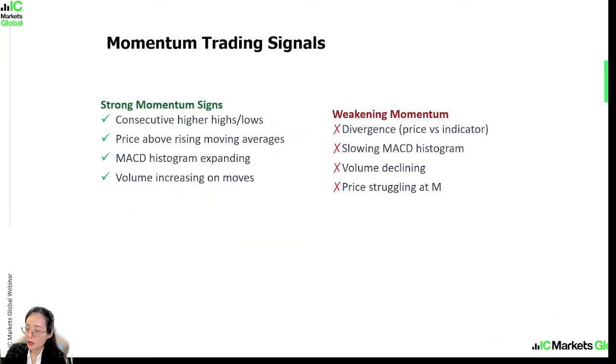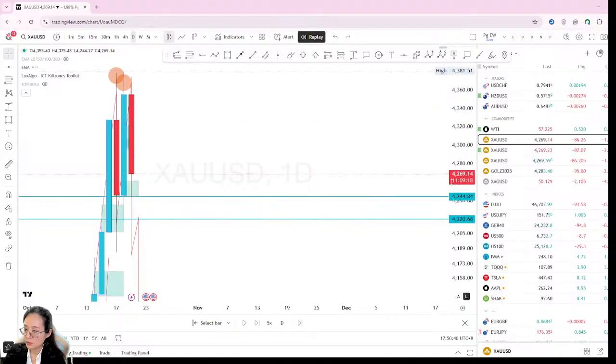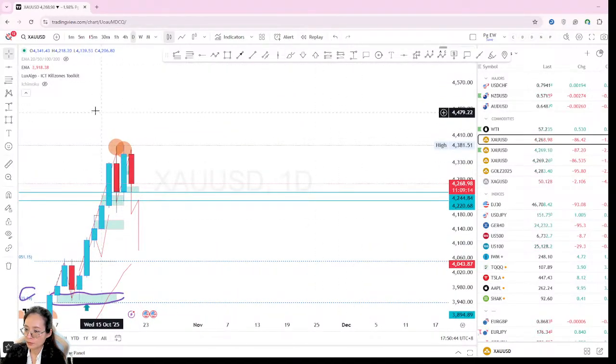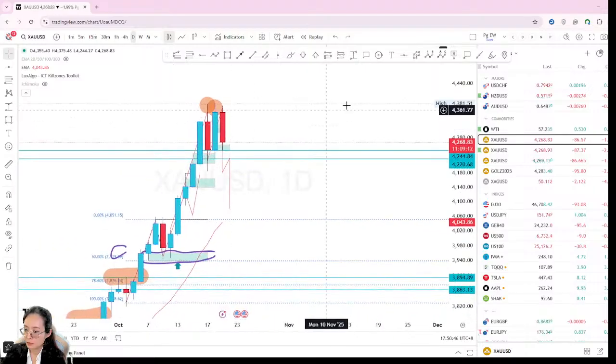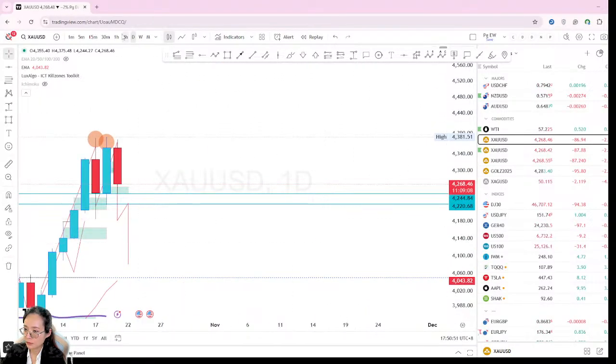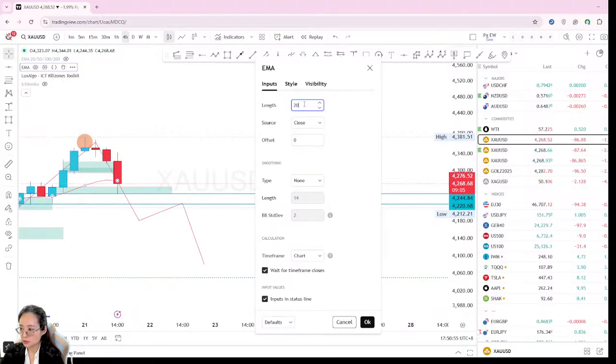Price above rising moving averages, such as if price stays above, for example, EMA 200, you're gonna look for the buy entry. I'm going to H4. I'm gonna use the 200.